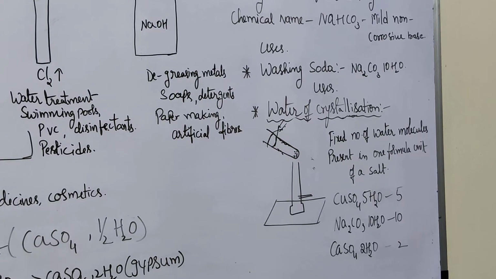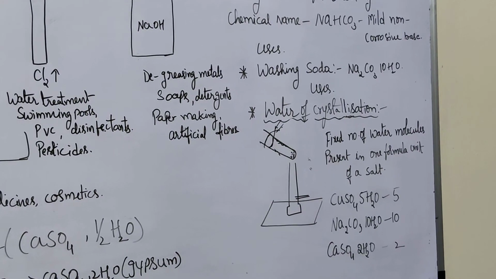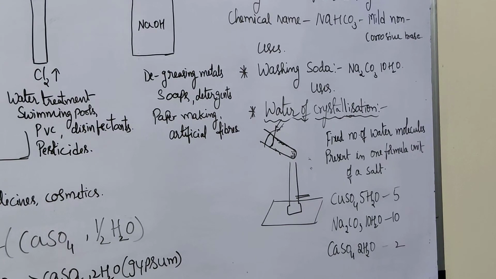Then, when it is colorless and you add water, it regains its color. From this you can see that the blue color of copper sulfate reappears when the crystals are moistened with water.